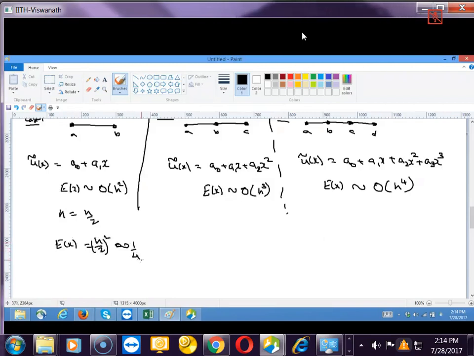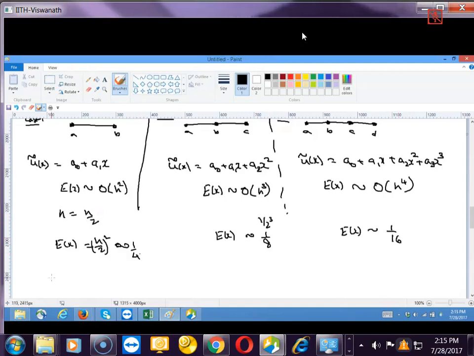Similarly here, E of x would reduce by the order of 1 by 2 cube, which is 8. Similarly, the error would diminish with a multiplier of 1 by 16.